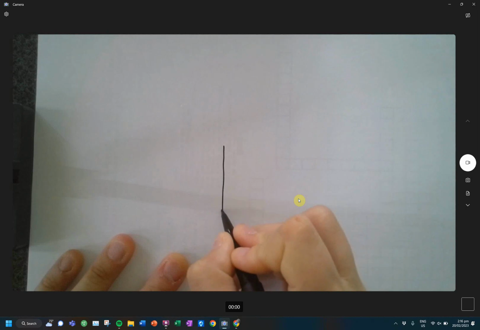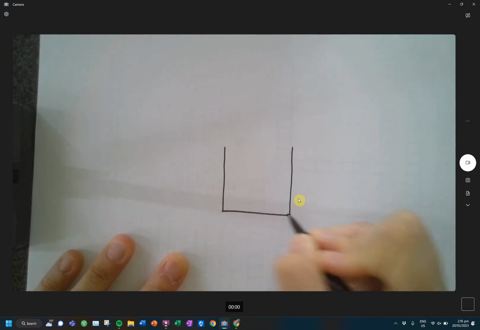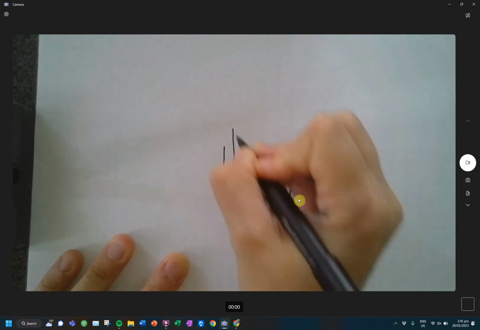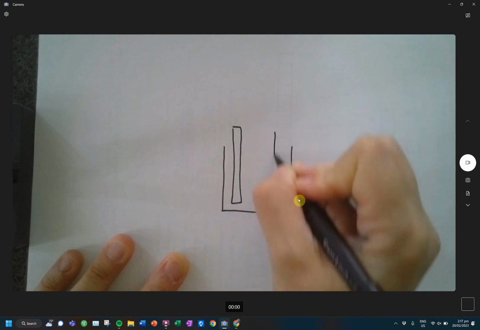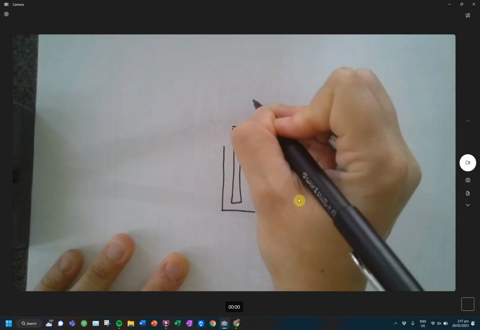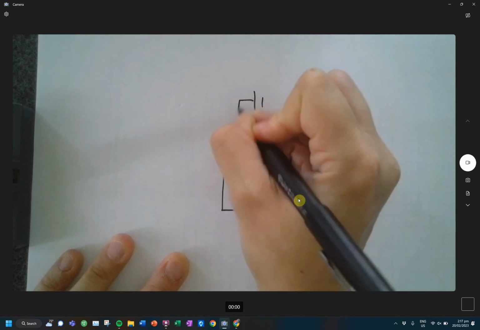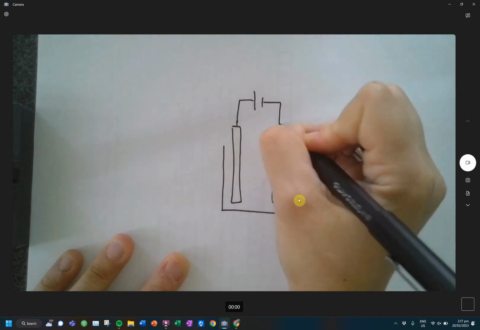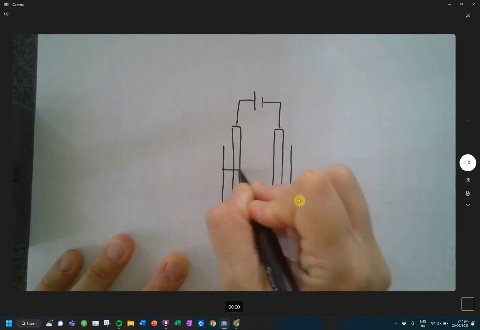It will have one beaker, two electrodes going in, the battery, and then a solution.